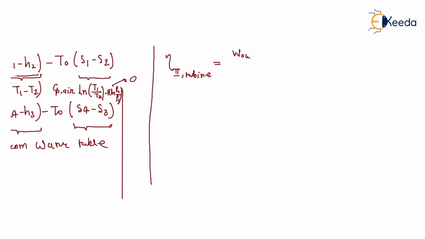W out by reversible, that means phi 1 minus phi 2. And what is W out? H1 minus H2. This is your phi 1 minus phi 2. That means this is W out divided by W reversible out.